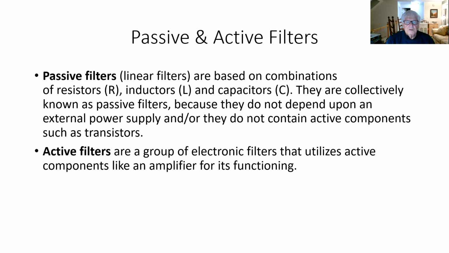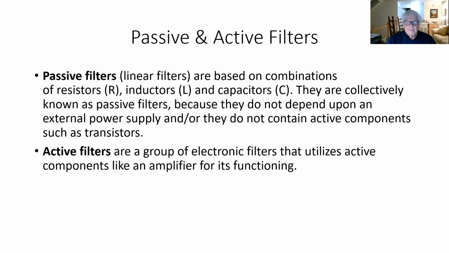Okay, but we are going to tell the difference between a passive and an active filter. A passive filter uses passive devices that don't require extra voltages, extra power. Okay, so they basically are RLC circuits, resistors, inductors, capacitors, and they're called passive filters.